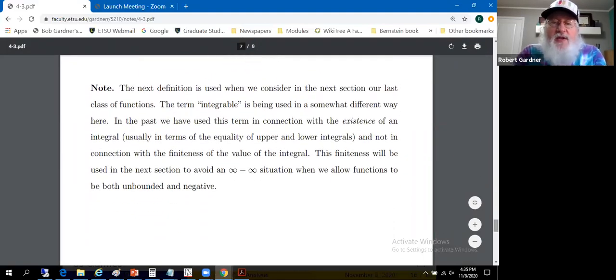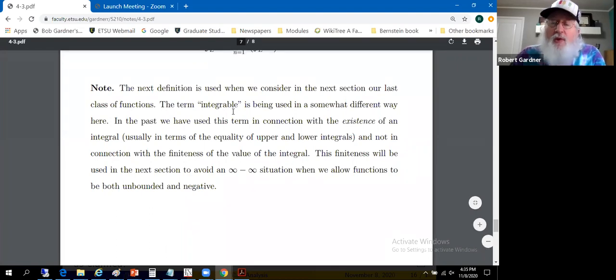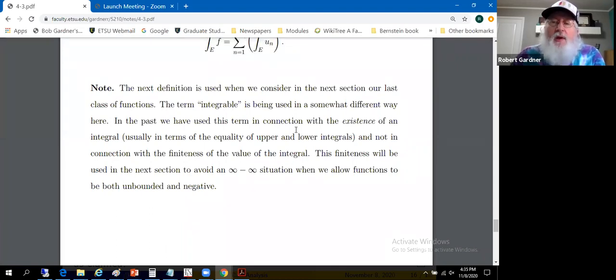Okay, another definition. We're going to use the word integrable in a different way. In the past, when we used the term integrable, such as Riemann integrable or Lebesgue integrable, it dealt with the existence of an integral, usually in terms of equality of upper and lower integrals. Riemann integrable means the lower Riemann integral equals the upper Riemann integral.